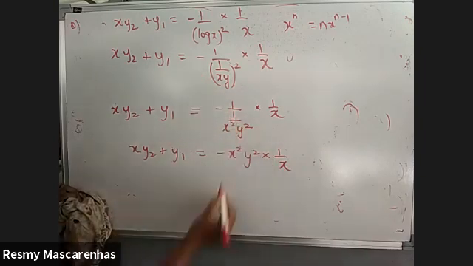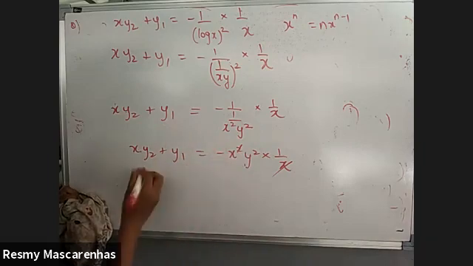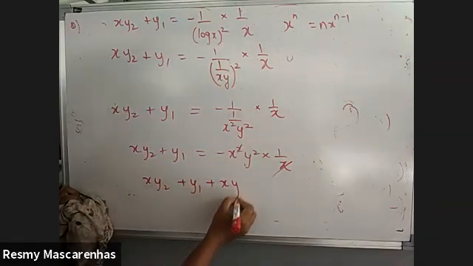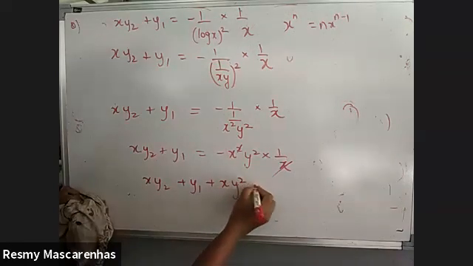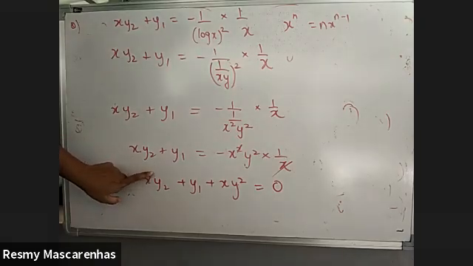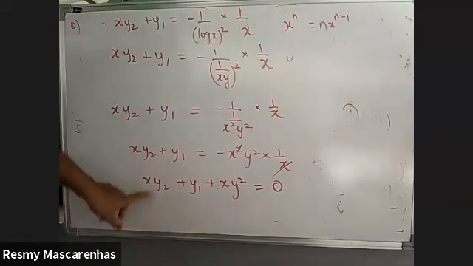And then 1 x will cancel and bring this term on the other side. So this is what we get. If by mistake I've given x square in the question, then just cancel. This is the correct answer.